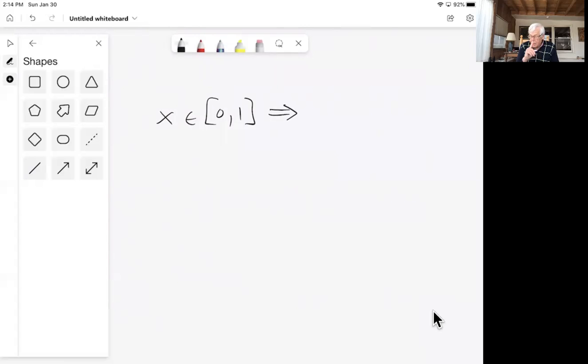Then corresponding to the intervals that we chose, x has a base 4 expansion, an infinite expansion, and each of these d's is either 0, 1, 2, 3.